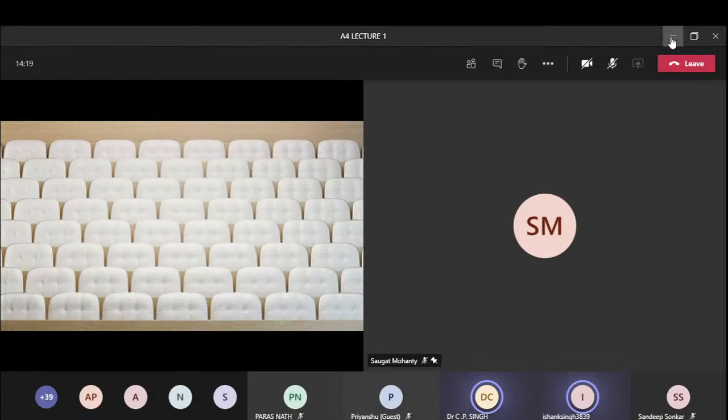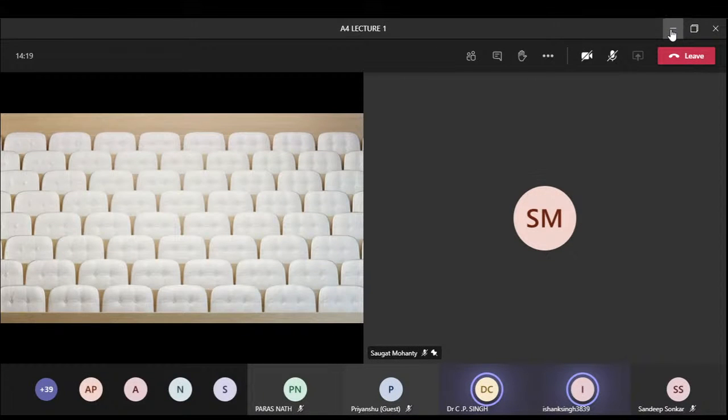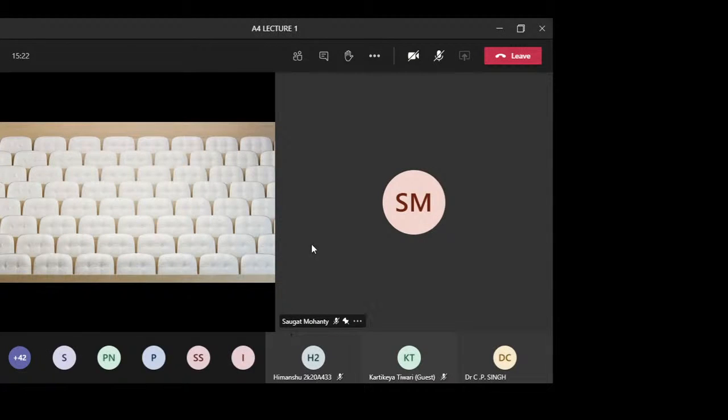Okay. So the tracing of Cartesian is over, or you want to repeat it again? The theory for it is completed, and ma'am has covered only a single example for it. Okay.